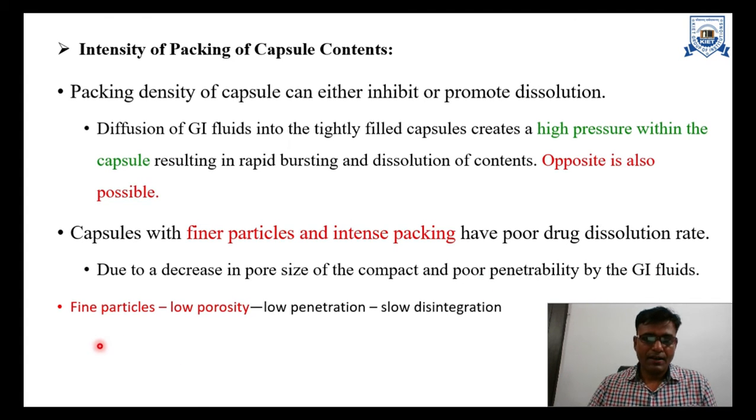Porosity decreases, meaning the gap between the particles will be less. Then it causes low penetration of GI fluids into the capsule content, and it causes slow disintegration. If slow disintegration is there, then dissolution will also decrease.